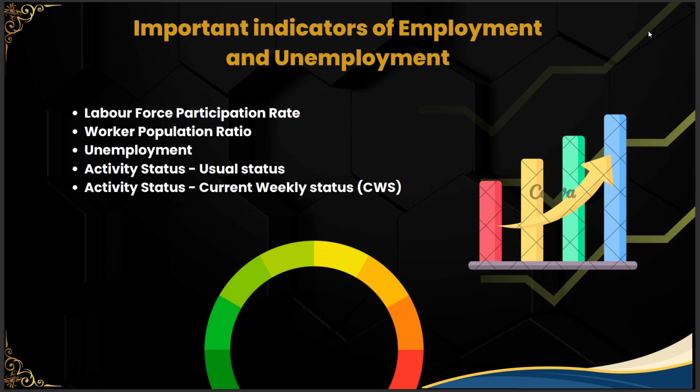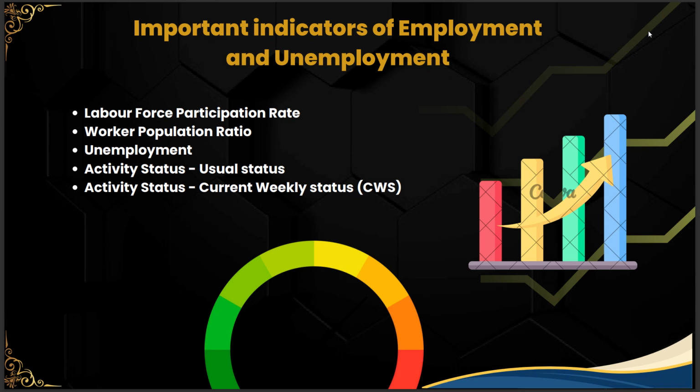Unemployment rate. It's defined as the percentage of persons unemployed among the persons in the labor force. Let's say a country has 100% and around 50% is the labor force, and out of that 25% are employed and the remaining 25% are unemployed. That is the unemployment rate.